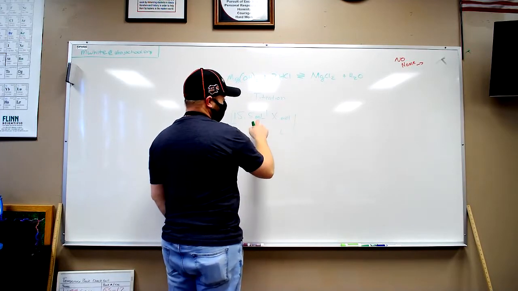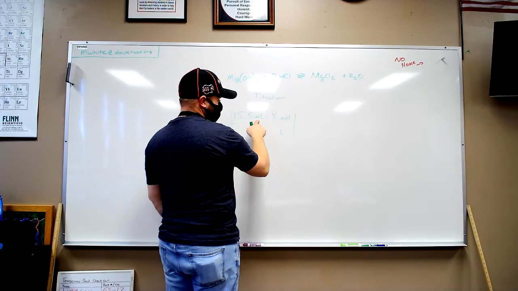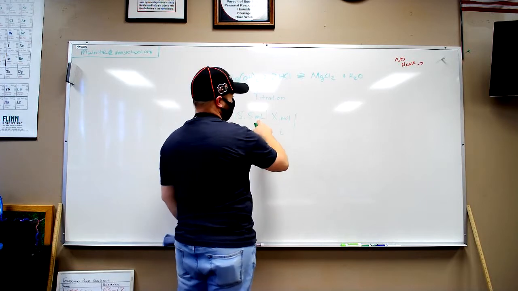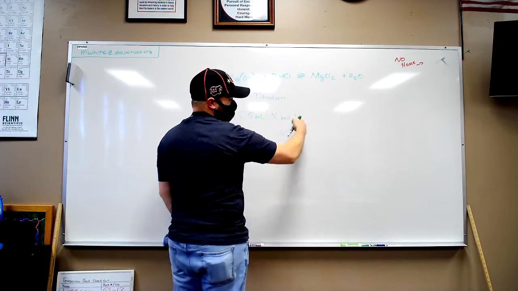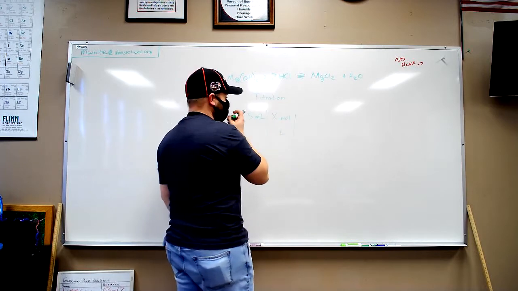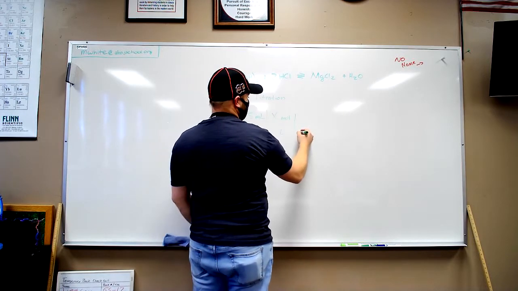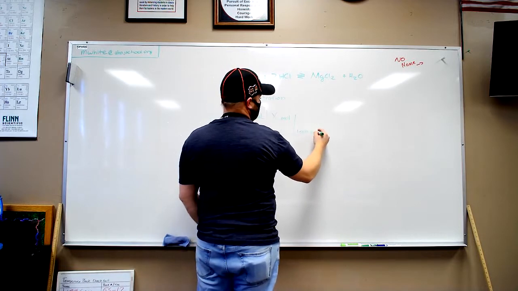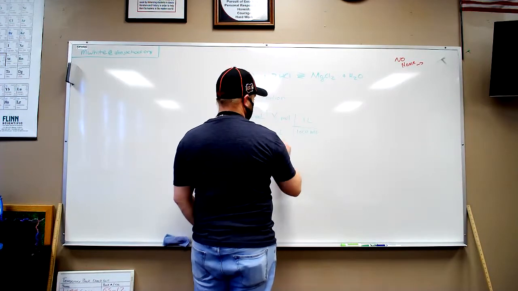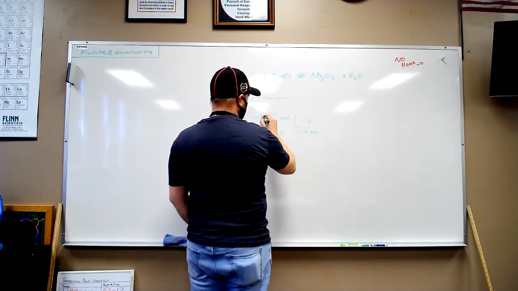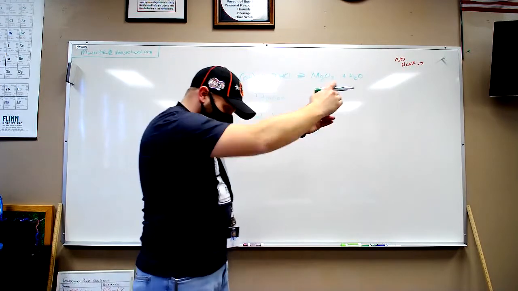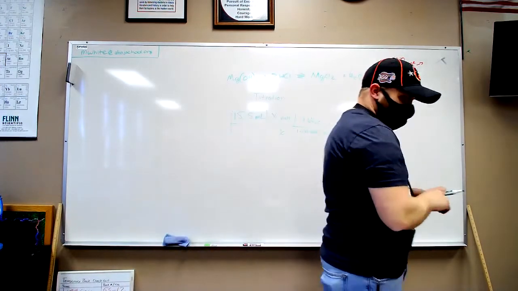Now that's not liters, so we do need to convert that to liters. Now we can do it before or after, as long as you put it in there, it's going to give you the same result. So we know that there are 1,000 milliliters in 1 liter. So now all of those cancel out, just like with moles. So you know how many moles of sodium hydroxide was added.